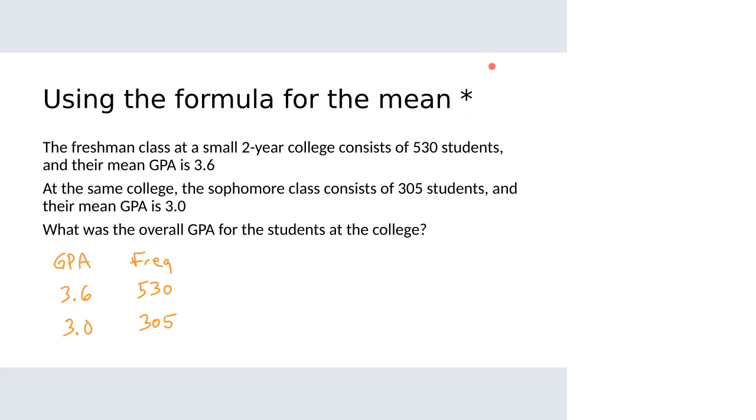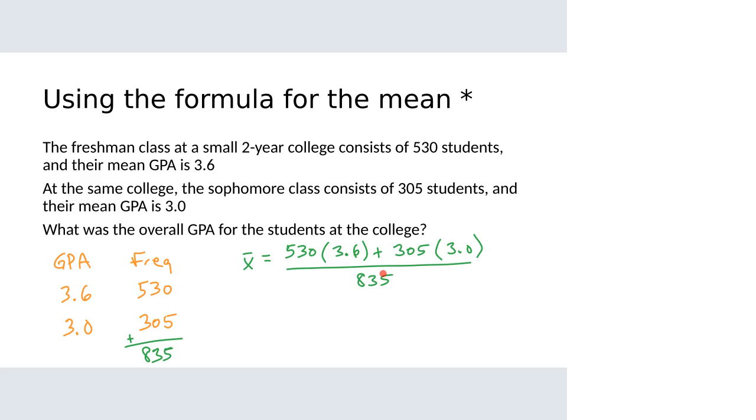Well, heck, finding the mean of a frequency table, really comfortable with that. We need the total, which is 835 students altogether. And then if we want the mean, we're going to have 530 students that have a GPA of 3.6. We have 305 students with a GPA of 3.0. We'll divide by 835 total students.